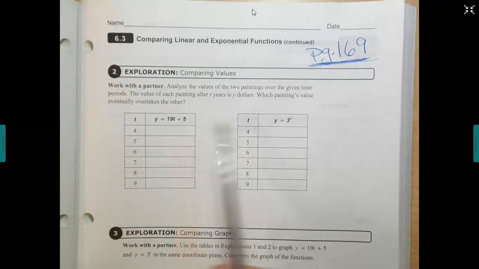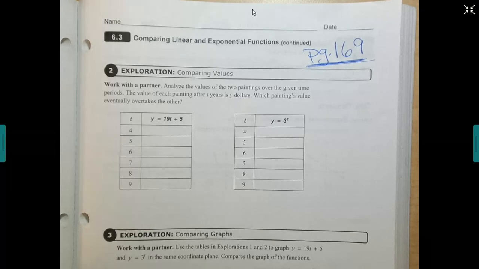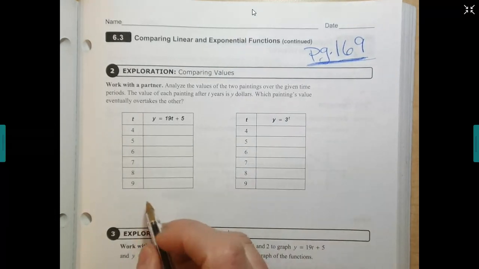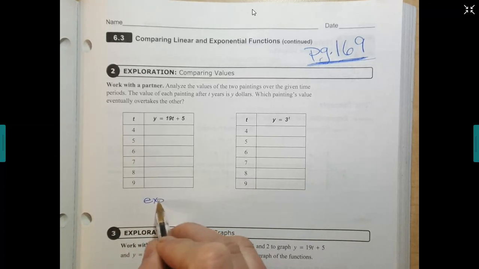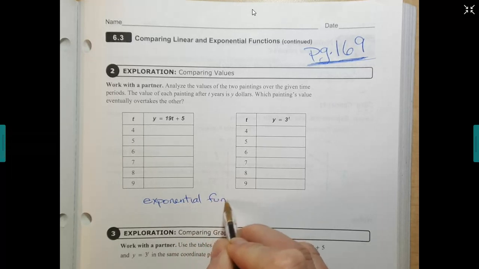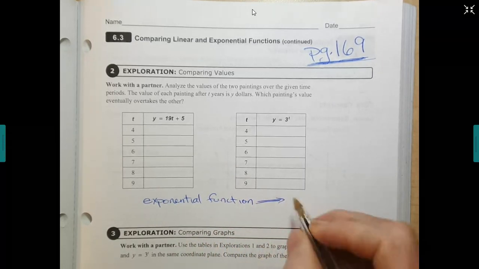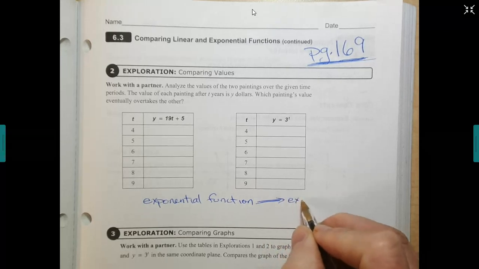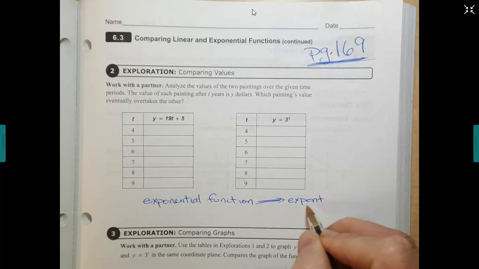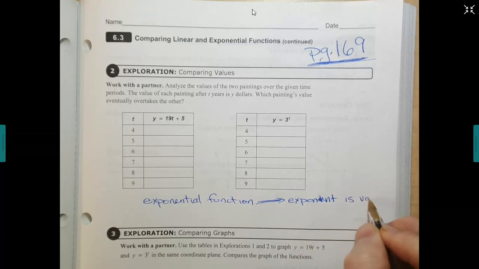So we're going to be trying to tell linear functions from exponential functions from neither functions. And the easiest way you can tell an exponential function is that there is a variable as an exponent.